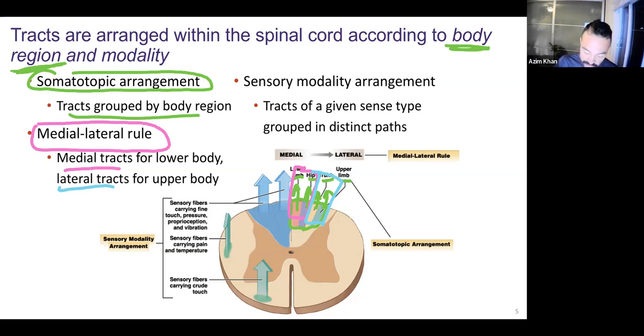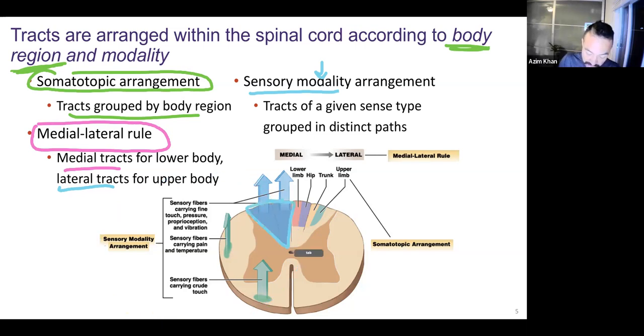What you'll also notice, let me erase this, is that there's a separation not only by body region, but also by what you're sensing, by modality, sensory modality. It's labeled here on the far left of the spinal cord.